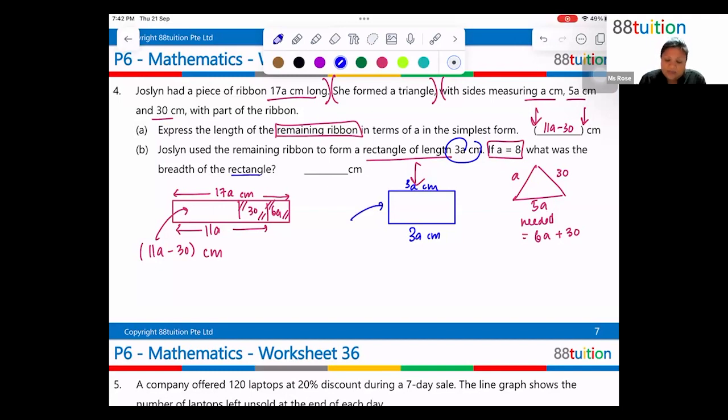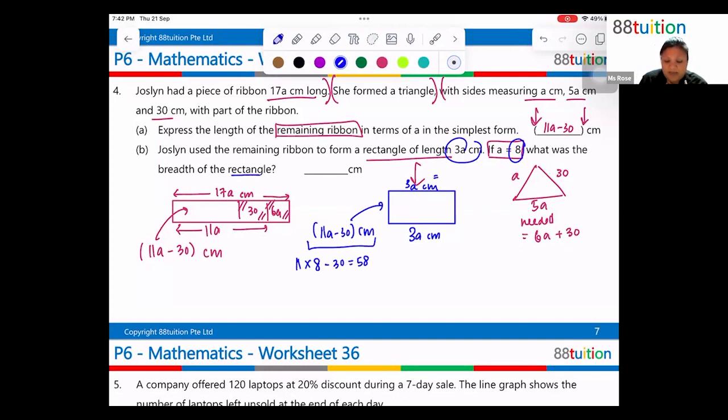So this was made using 11A minus 30 cm length of ribbon. So this length equals 11 times 8, because A equals 8, minus 30, to give me 58. The length of ribbon used to make the rectangle would be 58 cm.